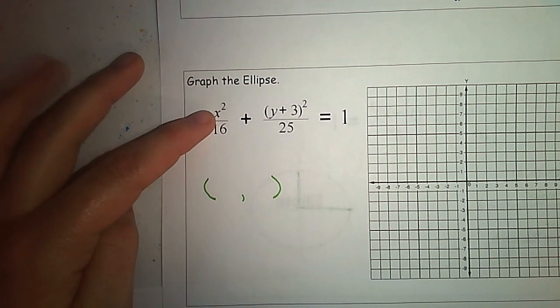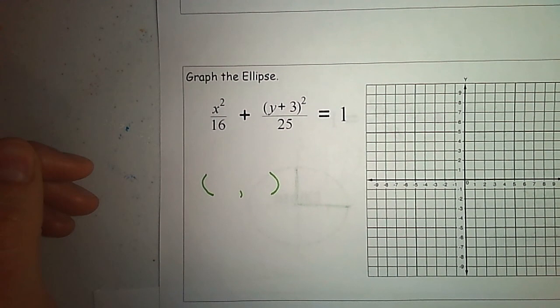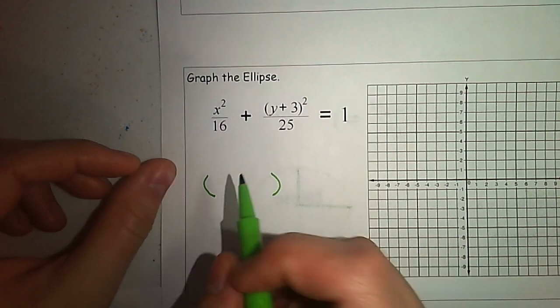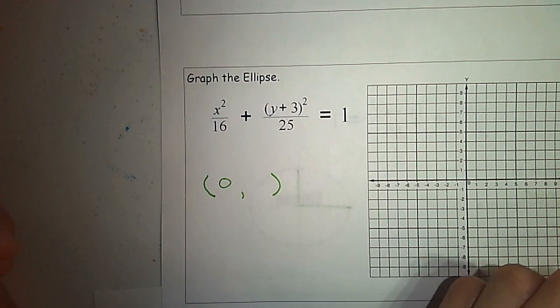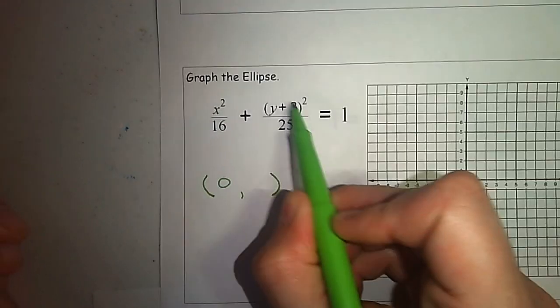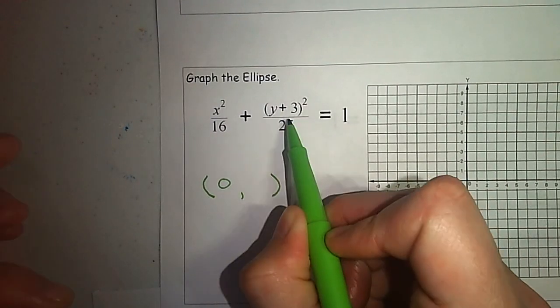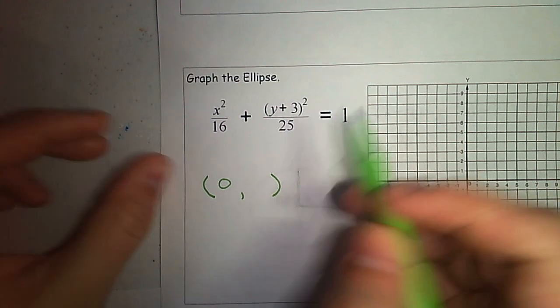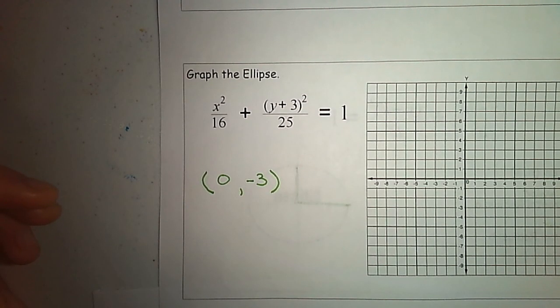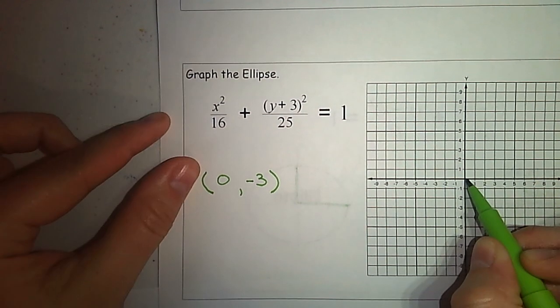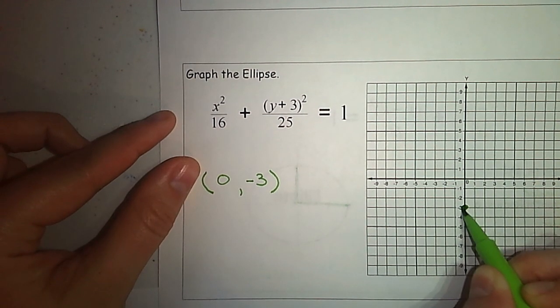So notice I have nothing that is attached to that x. Technically there's a 0 though. So that horizontal distance is 0. And then my y distance for the center, remember opposite of what we think. So I'm going to go down 3. So my center is the point (0, -3).